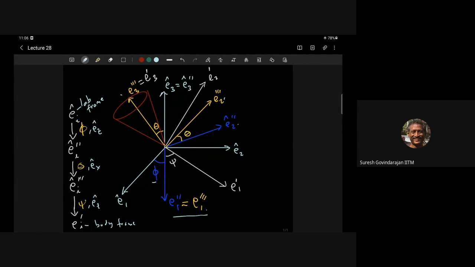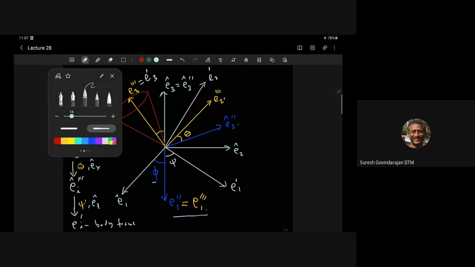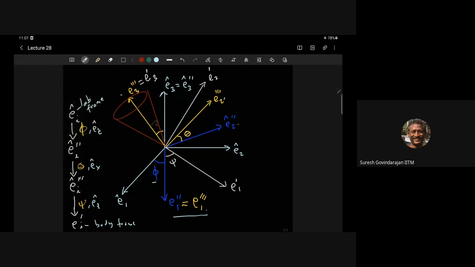So this is correct. We just need to correct one particular angle, and this will be psi.